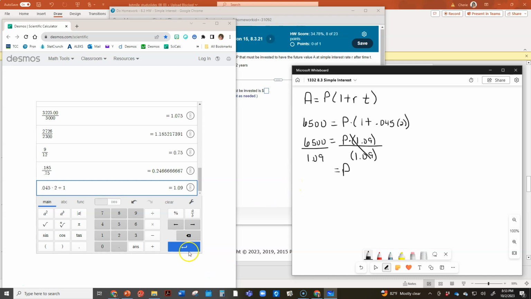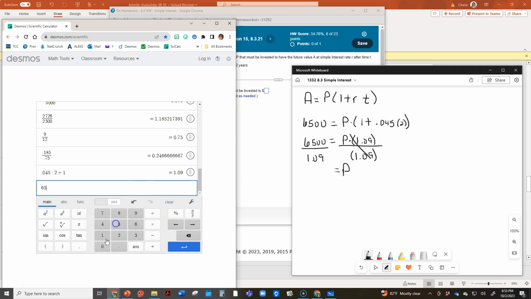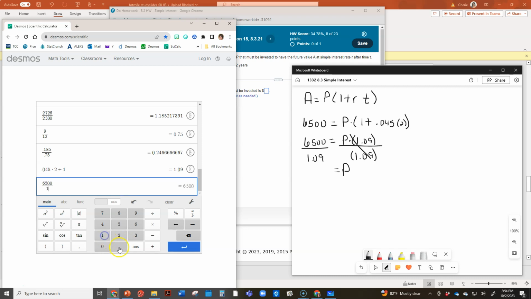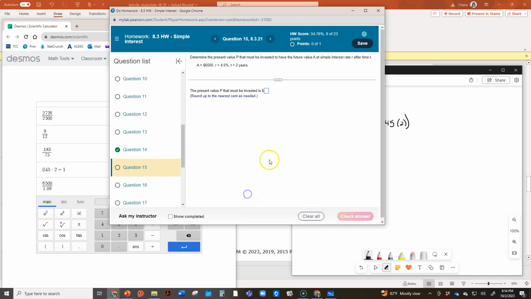And then we type in over here 6,500 divided by 1.09. And we get our principal, which was $5,963.30. I'm going to round to the nearest cent. That 2 right there tells me to leave the 0 as 0.